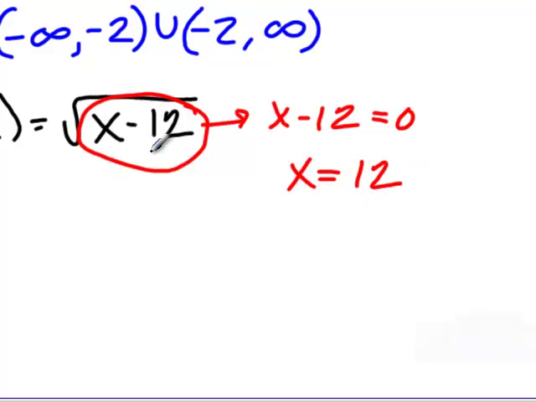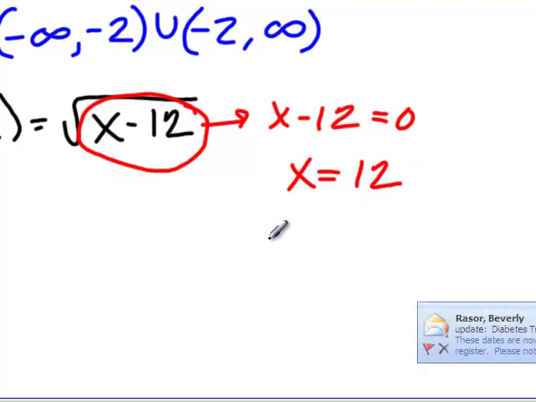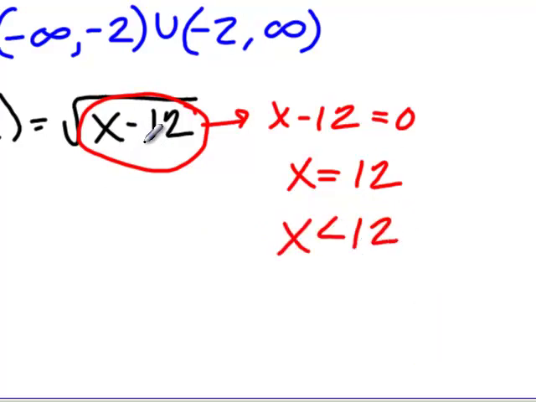X cannot be less than 12. Because if we get less than 12, like positive 10, 10 minus 12, we'd get -2. Can you get a negative square root?